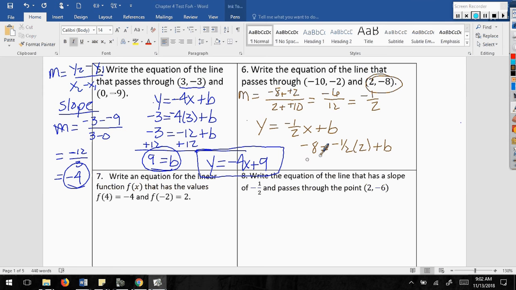Multiply here, so -8 equals -1 plus b. If I add 1 to both sides, I find that b equals -7. I'm going to have to come down here just a little bit. I apologize. So the equation for my line would be y equals -1/2 x minus 7.